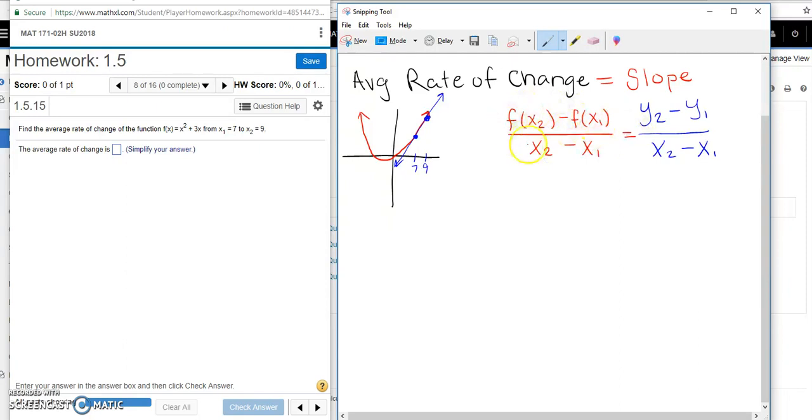Okay, so this is how the book writes it for average rate of change, but it really is the same thing. We're just having to find the y values. Instead of the problem giving us the y values with the x values, we have to actually find the y values ourselves. So over here, kind of off to the side, I'm going to find the y values that go with 7 and 9.